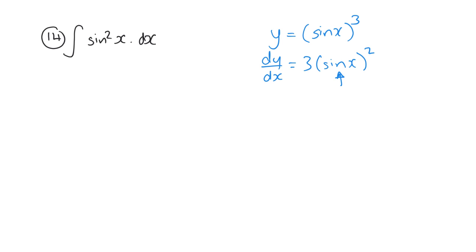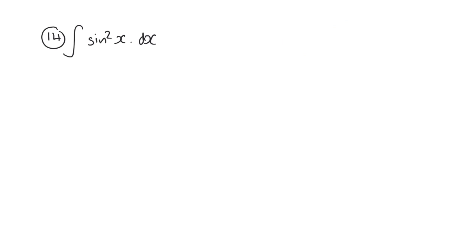Okay, so we have to use the double angle formula for this. So we're going to use the cos double angle formula. So cos 2x, you know, it's got 3 ways of writing it. Cos squared x minus sine squared x, 1 minus 2 sine squared x, or we could have 2 cos squared x minus 1. So we want the one with sine squared in it because that's the one that we're using.